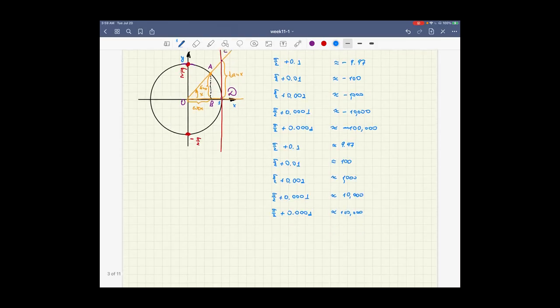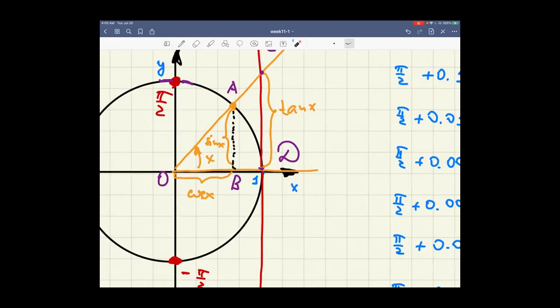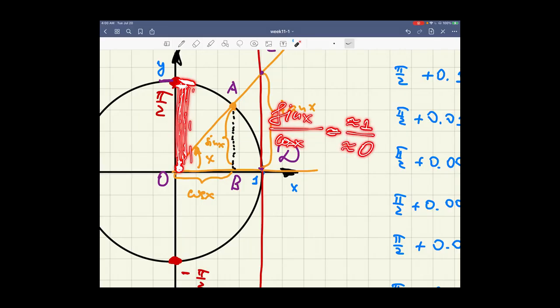So, as expected, when we are close to pi over 2 in the first quadrant, values of sine are close to 1. Values of cosine are getting closer and closer to 0, but stay positive. They stay on the right of 0. So the ratio of sine over cosine is essentially numbers close to 1 divided by numbers close to 0. Of course, the ratio will be numbers that are close to positive infinity, in the sense that they are positive and getting bigger and bigger.